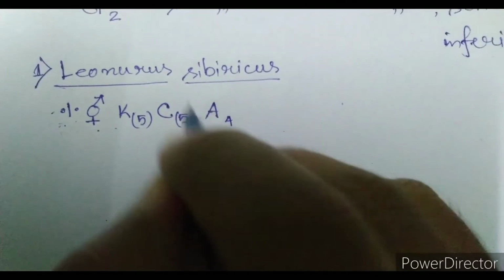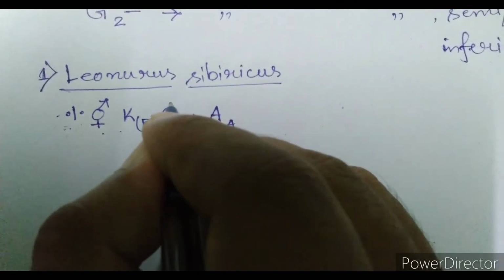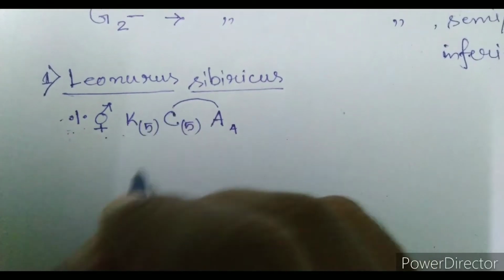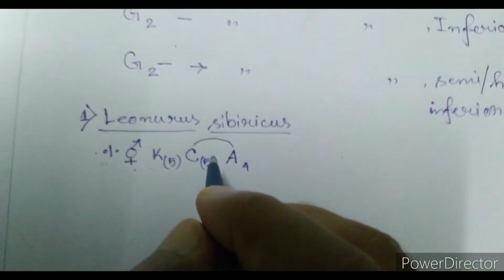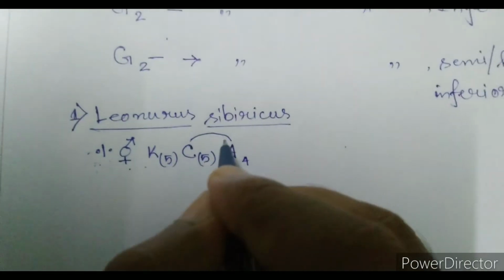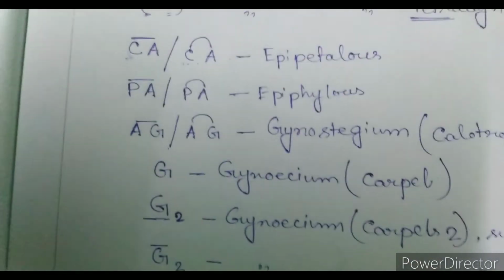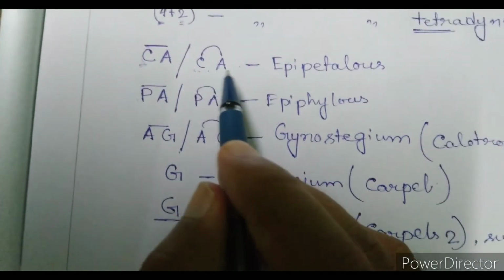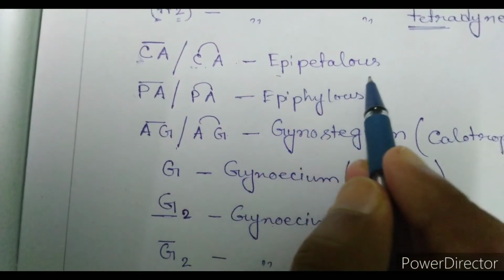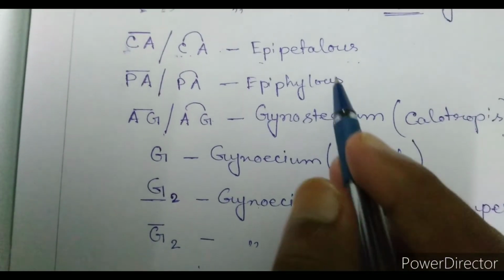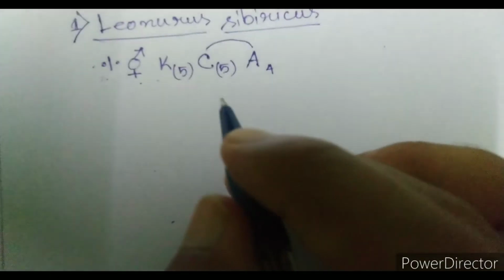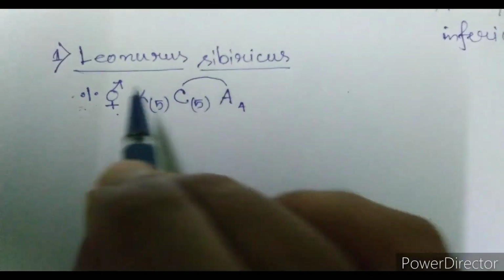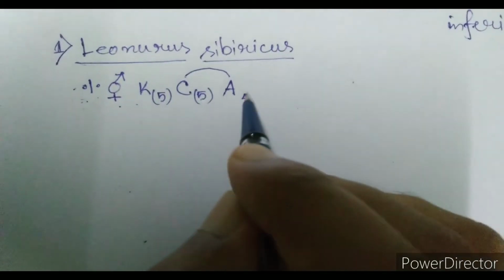Here the androecium is 4 and attached with corolla. That's the reason it is indicated by this sign. We already discussed this here. So this condition is called epipetalous. This condition is present in the case of Leonurus sibiricus, and this is the floral formula.